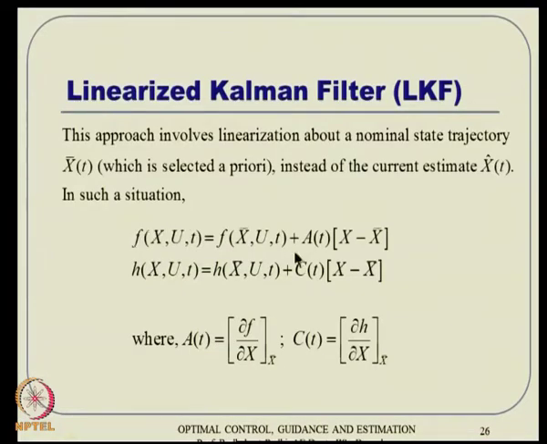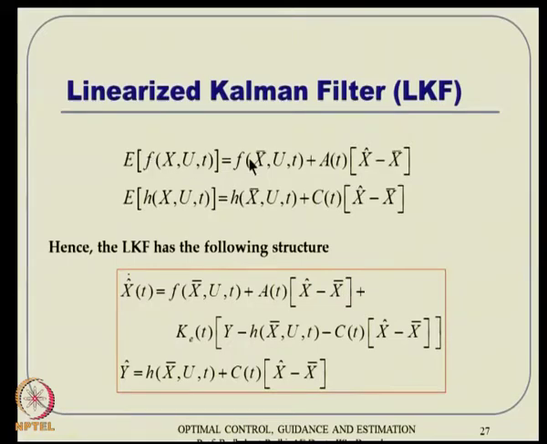So, this expression is from the Taylor series expansion, keeping first order terms only. Okay. Now, if you put the expectation operator here, the first term is as it is, but the second term will not go, this will remain. Okay. Because this is no more x bar, so this is no more x hat. Earlier it was x hat, so x hat minus x hat was 0.